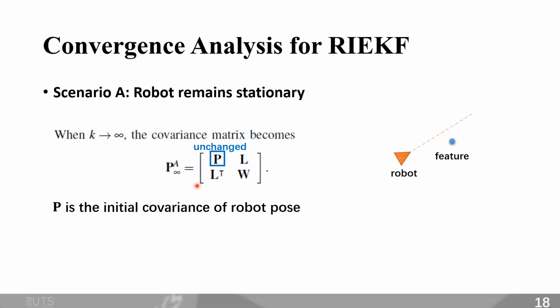Just like what I introduced at the beginning, we can only observe the relative position of the features in the local frame, and these relative measurements make no contributions to the robot estimation.